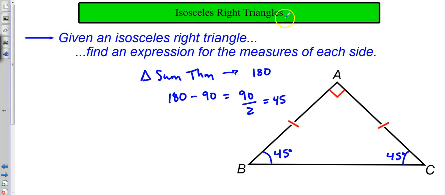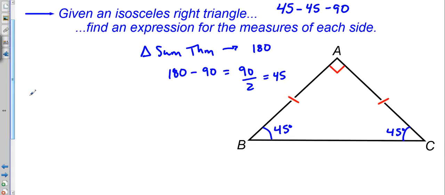So when we say isosceles right triangles, we're also referring to the special case that's a little bit more well known as a 45, 45, 90 triangle, and it's a specific reference to the angle measures. All right, so that's the first part. The second part is we want to find an expression for the measures of each side. So in doing that, we're going to do a little bit of an informal proof.